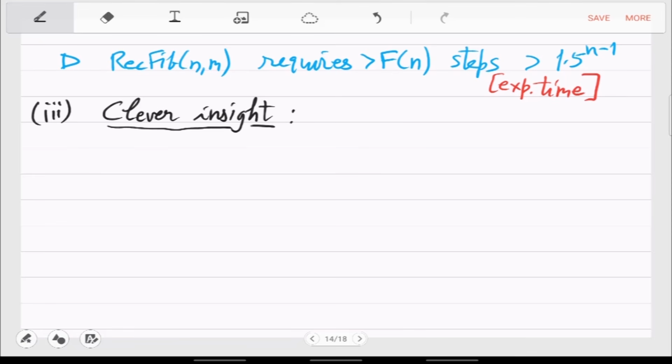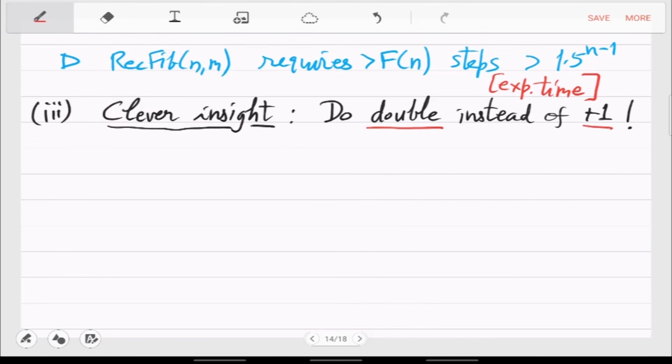So the clever insight in many of the algorithms in this course will be: do double instead of plus 1. Okay, so what does that mean? So instead of taking one step, you take double steps.